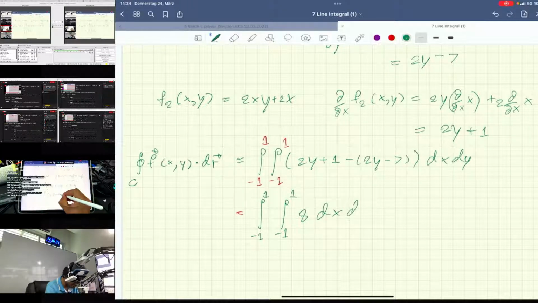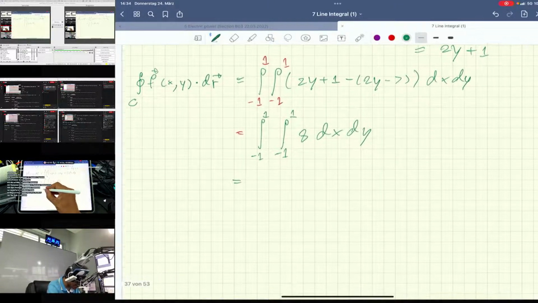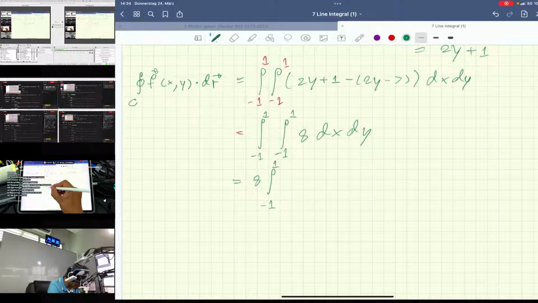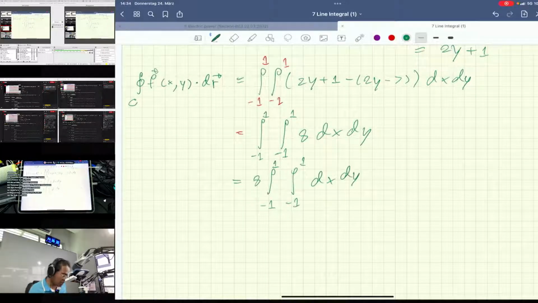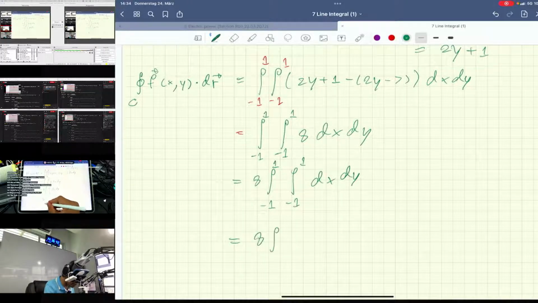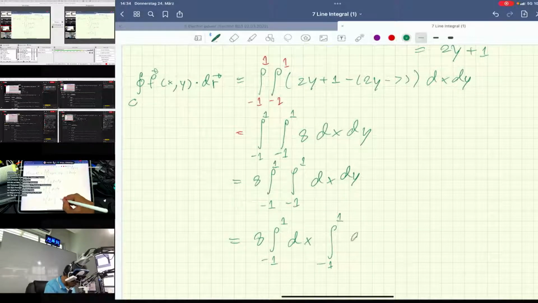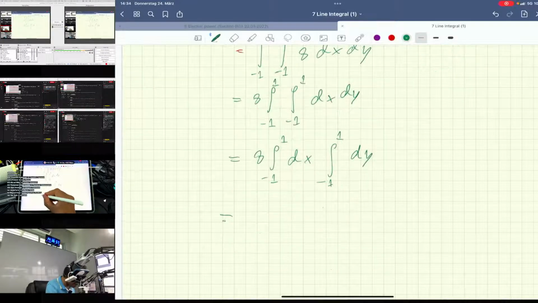And of course, we're going to see that 8 times the integration -1 to 1 dx dy, because there is no common term at all, we can't separate it into something like dx and integration -1 to 1 dy.